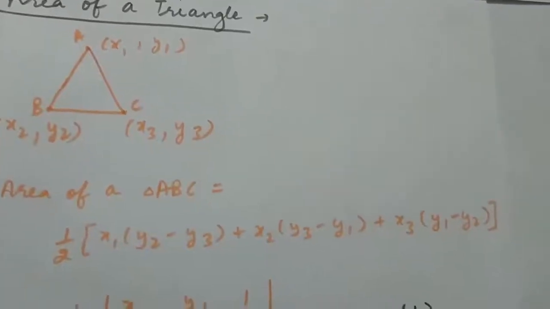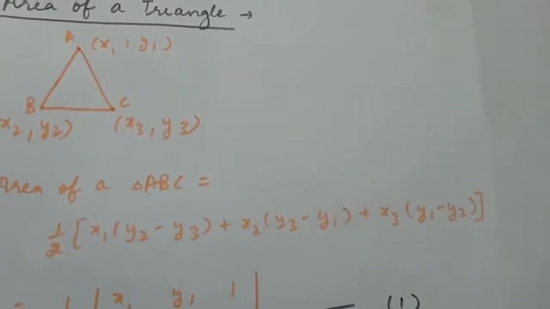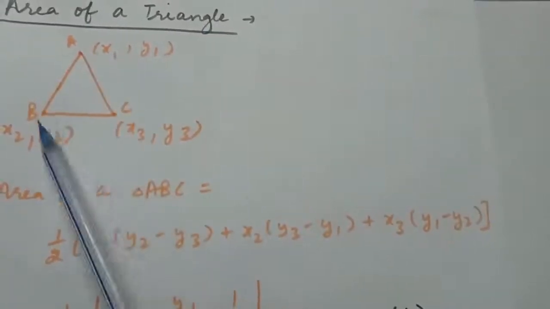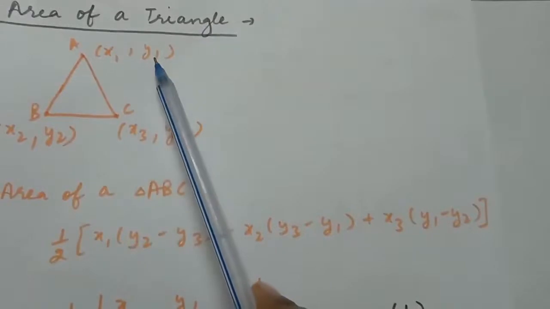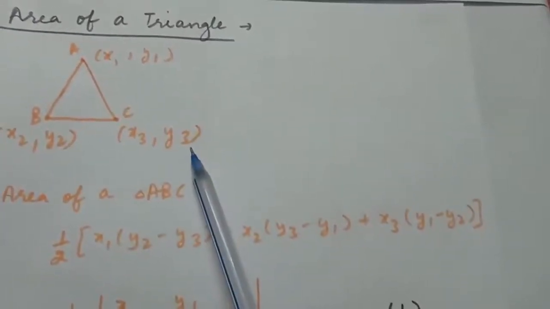Now because the properties of determinants have been deleted from the syllabus, we will discuss the next topic, area of a triangle. Suppose ABC is a triangle with vertices x1, y1, x2, y2, x3, y3.